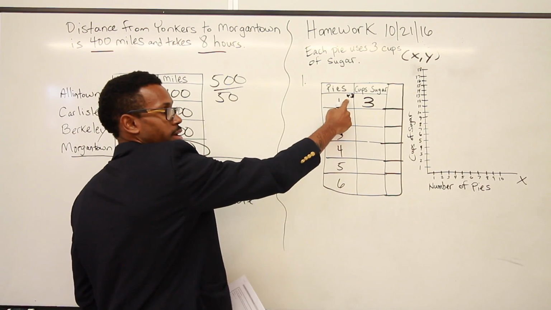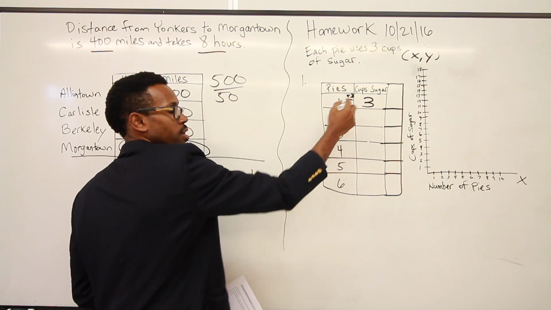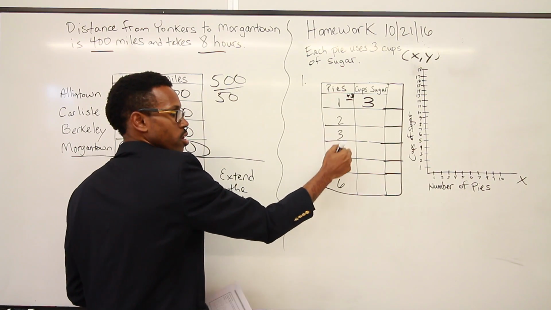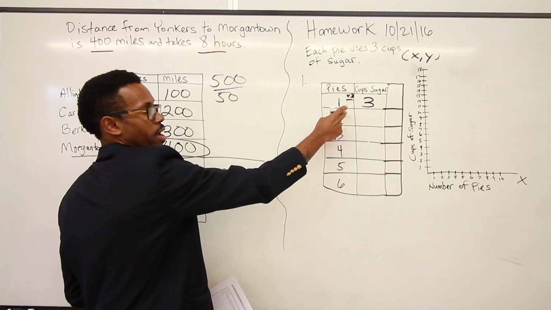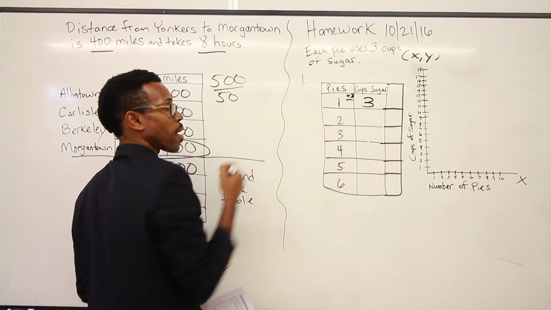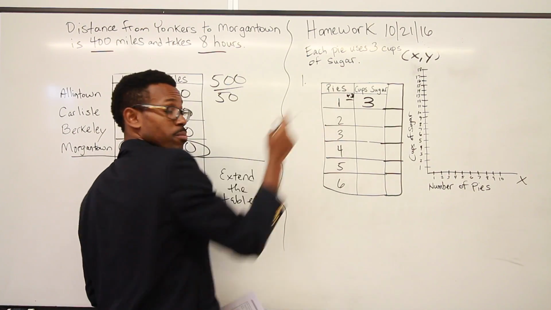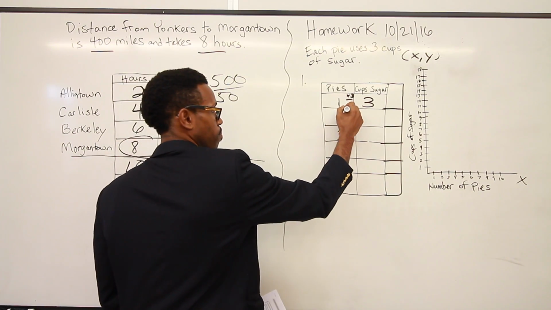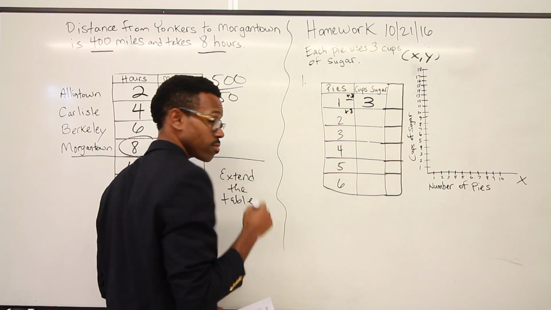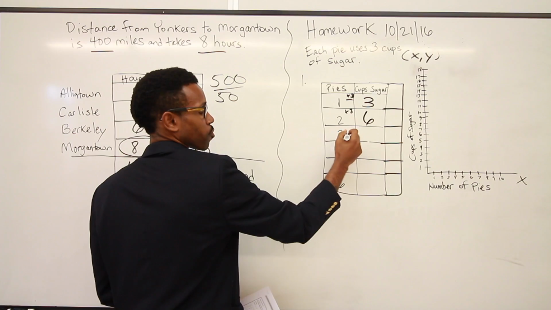So if I do that here, that means I have to continue to follow that same step along the way for every number of pies that it provides me in the table. So for 2 pies, how do I find out how many cups of sugar I need? I'm going to multiply by 3, by the ratio value. 2 times 3, 6. 3 pies.